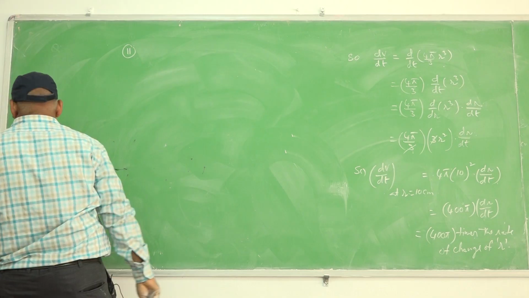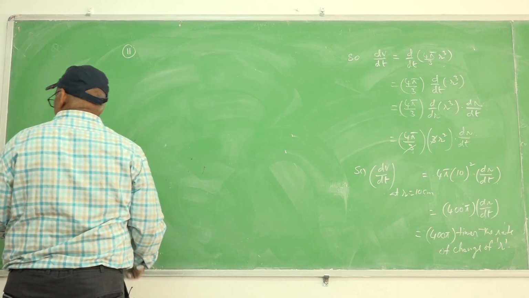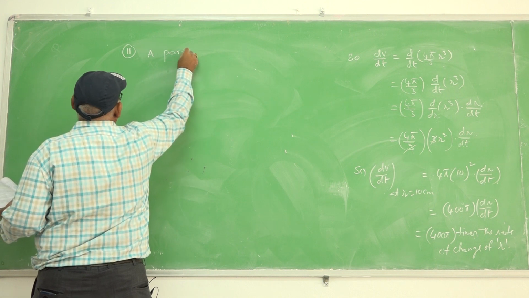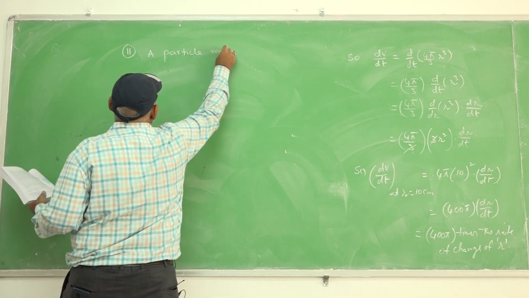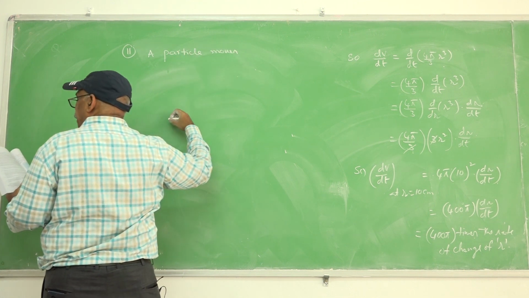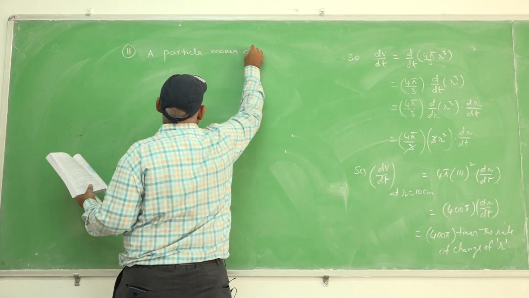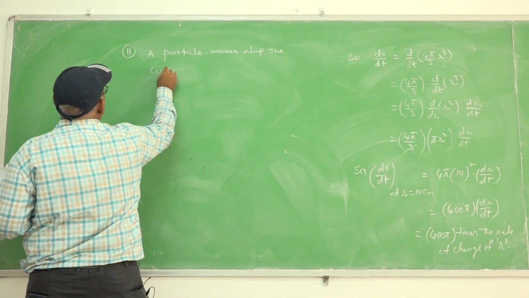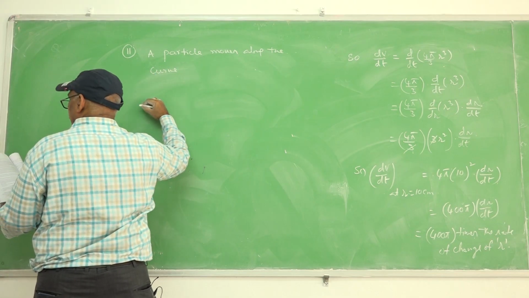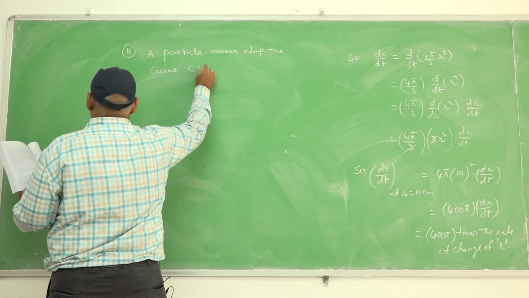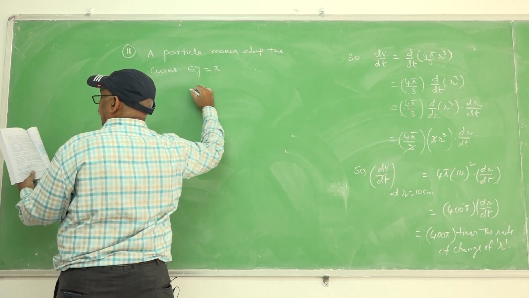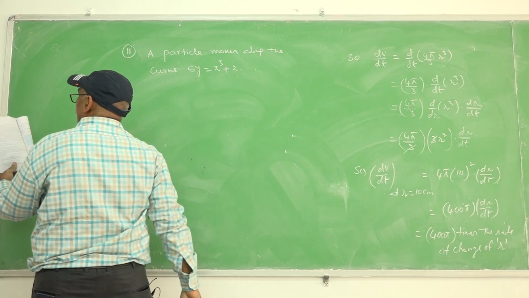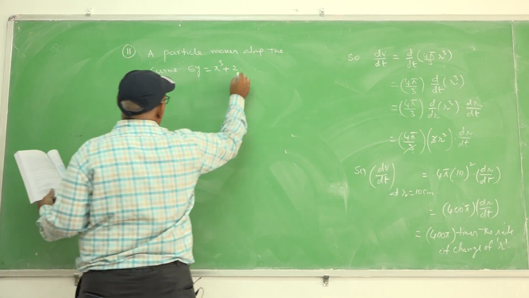Next, the 11th one. A particle moves along the curve 6y equal to x cube plus 2.